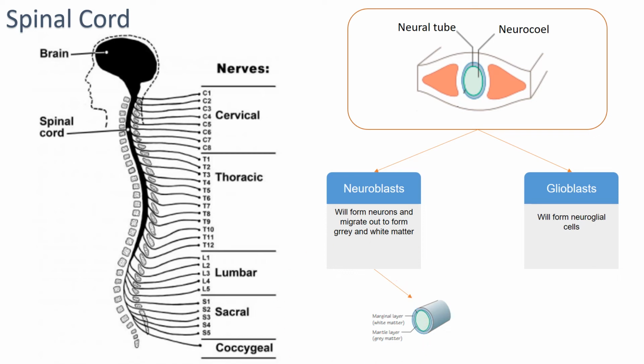And really, just to simplify it for you briefly, the mantle layer of cell bodies will then form the gray matter, while the marginal layer will surround this layer, and it contains the nerve fibers which arise from the neuroblast cells of the mantle layer.